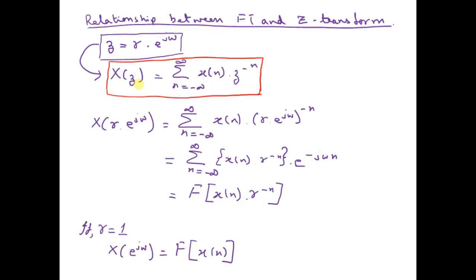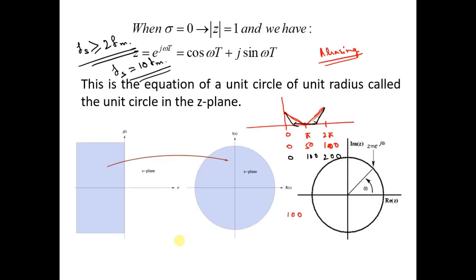Now the relationship between FT and Z transform, again by the analogy of the Laplace transform and FT, and again Laplace transform and Z transform, we know that X of e to the j omega, that means on this unit circle the Fourier transform exists.